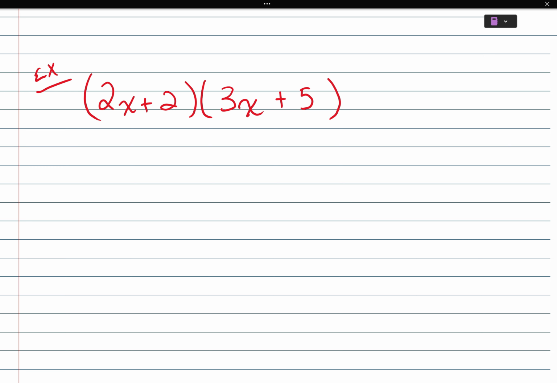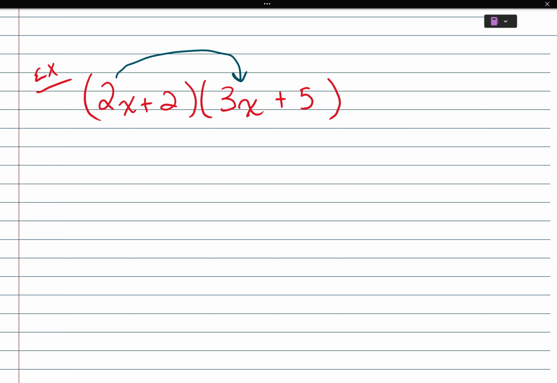A term is separated by a plus or minus sign. So I see two terms times another two terms. So that tells me anytime I have a binomial times a binomial, I must use the FOIL method. Of course, there are other techniques out there. You could use maybe a box method that you're taught, but it's all pretty much similar. But in this video, we're looking at the FOIL method specifically.